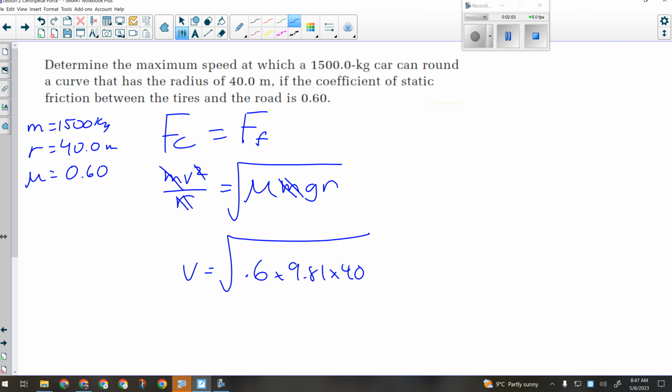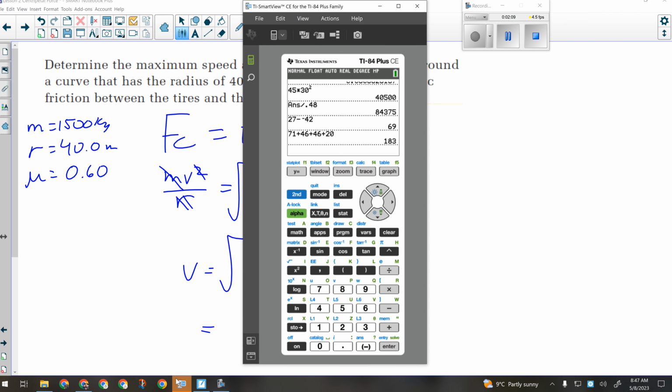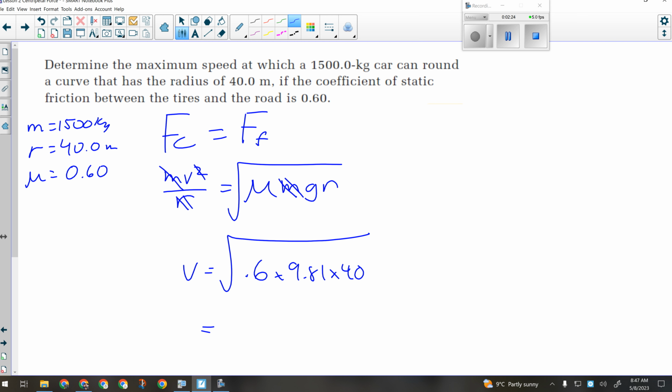We didn't end up using it, so it doesn't affect the calculation. So we are going to have the square root of 0.6 times 9.81 times 40 meters. We only have 2 sig digs because the coefficient of friction only had 2, so 15 meters per second. All right, is that ringing the bell?